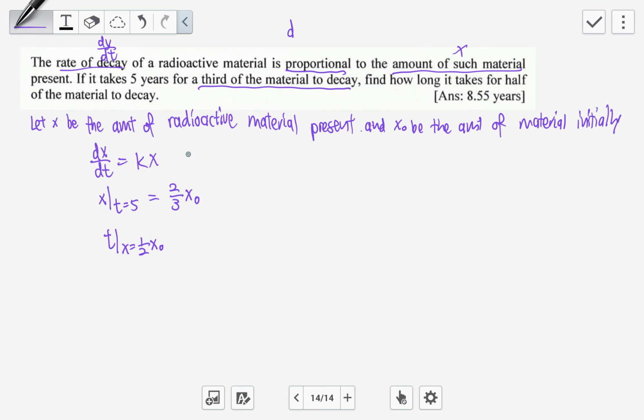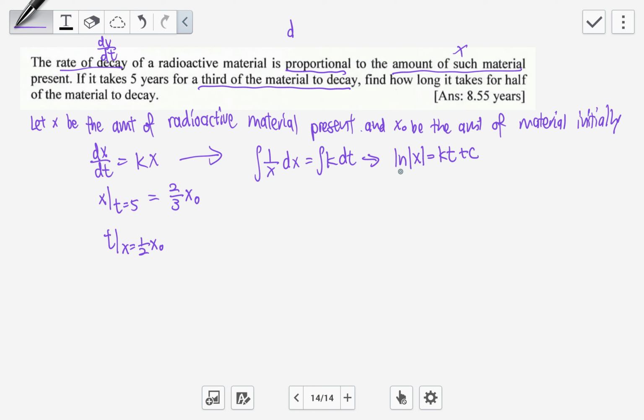Therefore, we start with this differential equation, and then we bring 1 over x: integrate 1/x dx equals integrate k dt. So multiply dt over and put an integration sign, divide x on both sides, and then we will have ln|x| equals kt plus c.